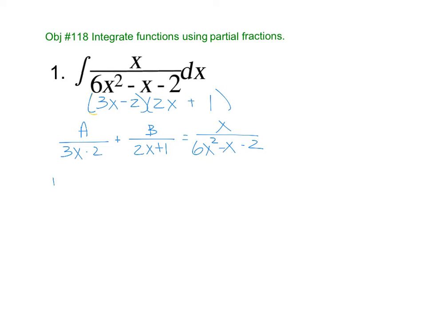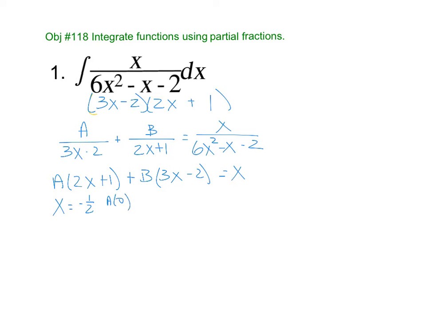All right, so we have A times 2x plus 1, and then B times 3x minus 2 equals x. So this one's more difficult because of the fractions. I'm going to start with x equals -1/2 because that will make my A go away, right?